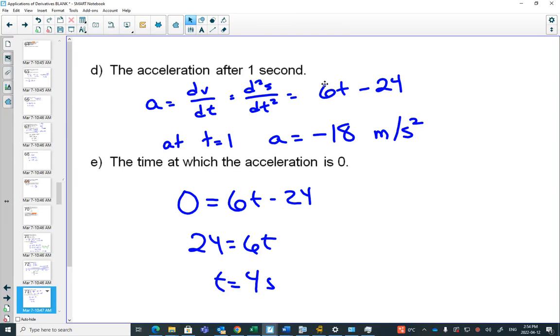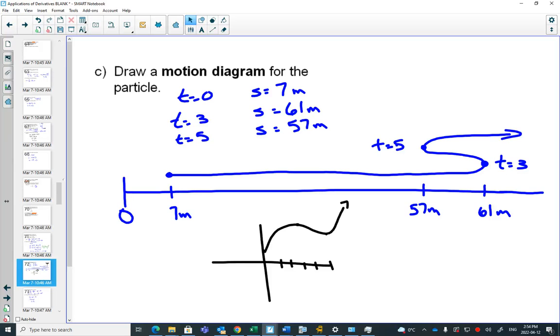In this case, at 4 seconds, if we look at our motion diagram, it makes sense that here it's at rest, and here it's at rest. In order for it to get to at rest, it would have to be slowing down, right?